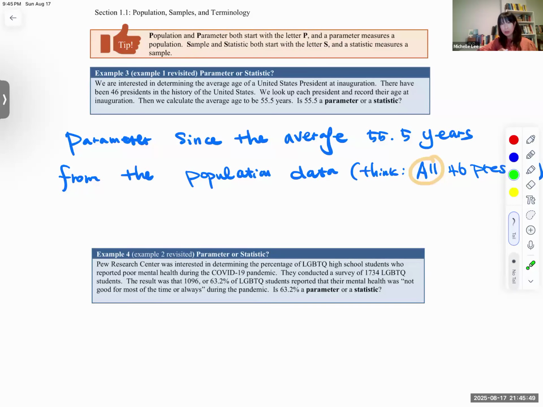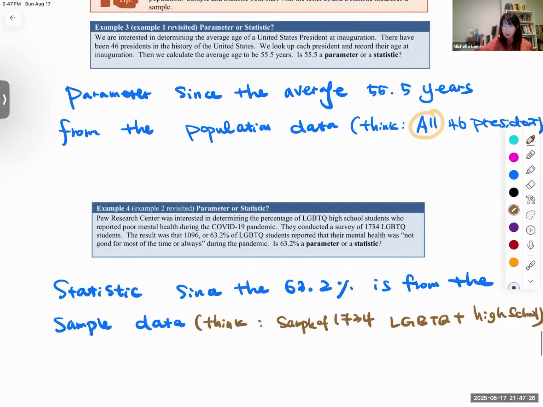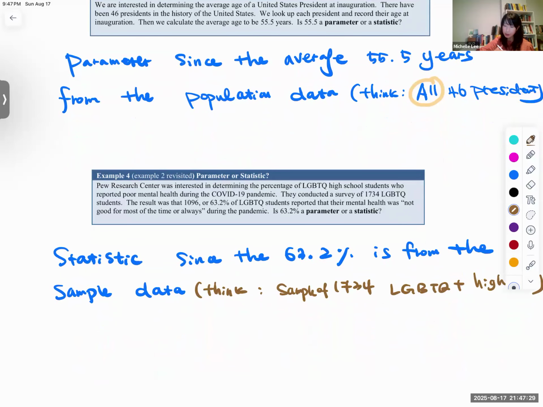Because that percentage is based on sample data from 1,734 LGBTQ plus high school students, right? Let me write that. Okay, statistic, since the 63.2% is from the sample data.